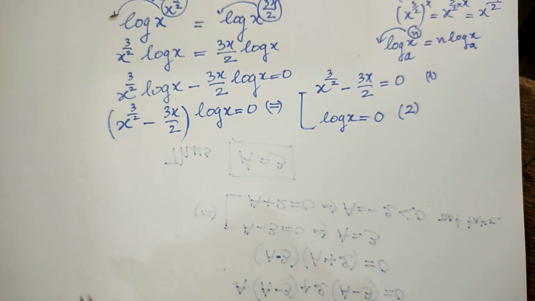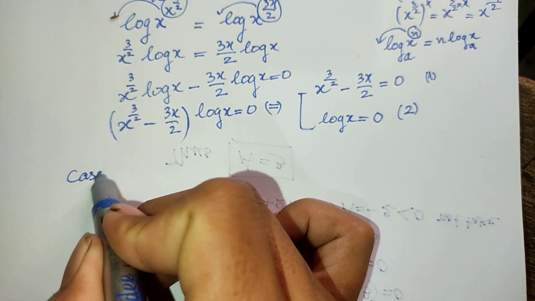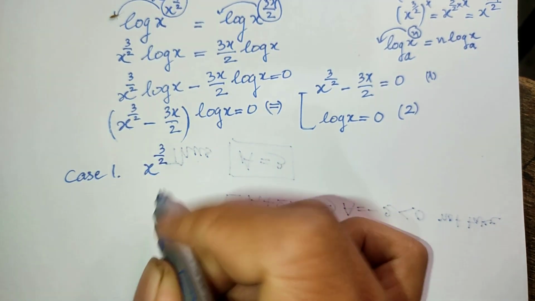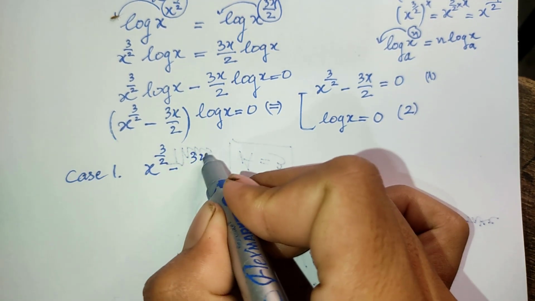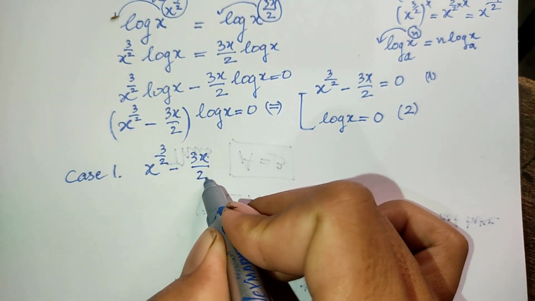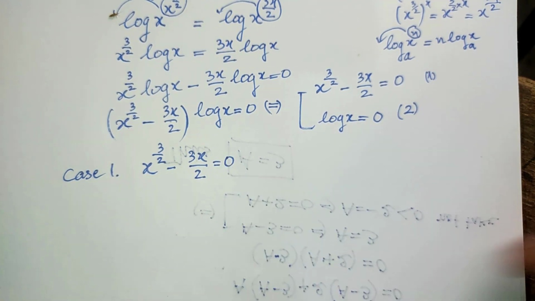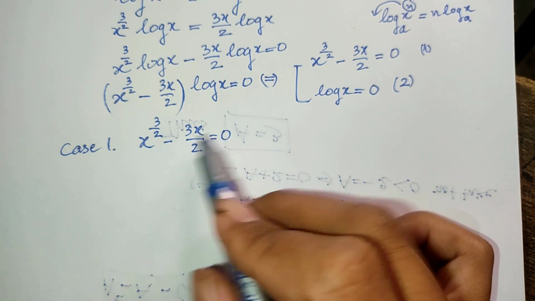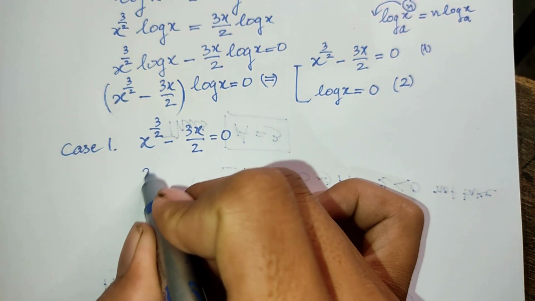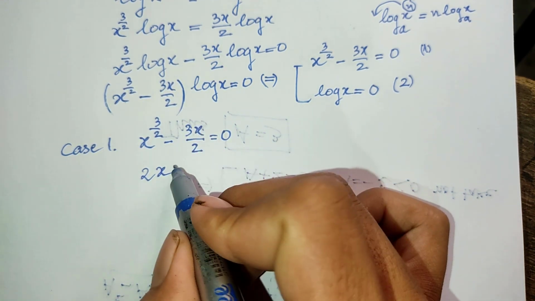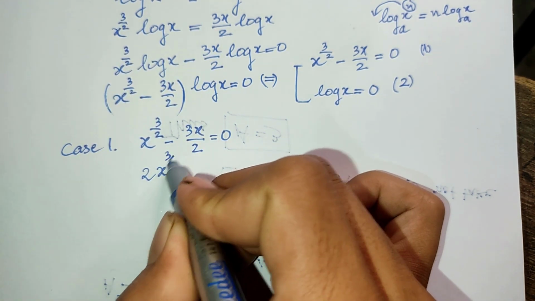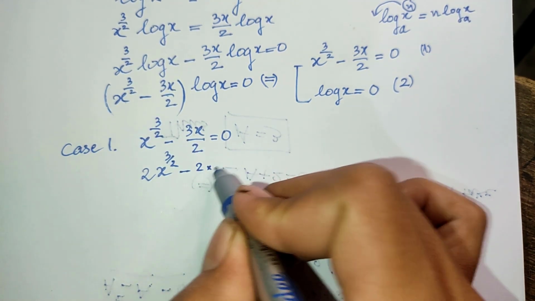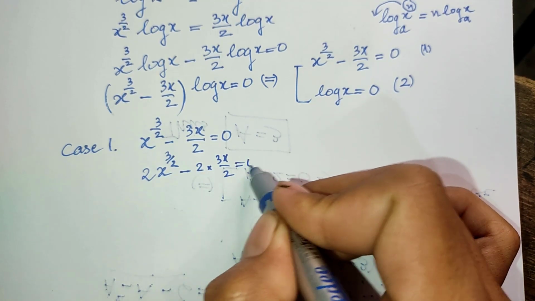And now for case 1: h power 3 divided by 2 minus 3h divided by 2 is equal to 0. Now I multiply both sides of this equation by 2, so we get 2 h power 3 divided by 2 minus 2 multiplied by 3h divided by 2 is equal to 0.